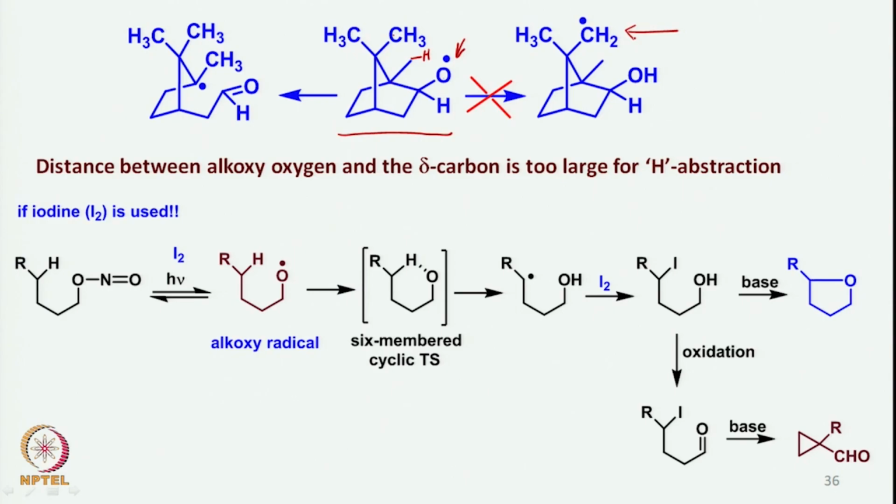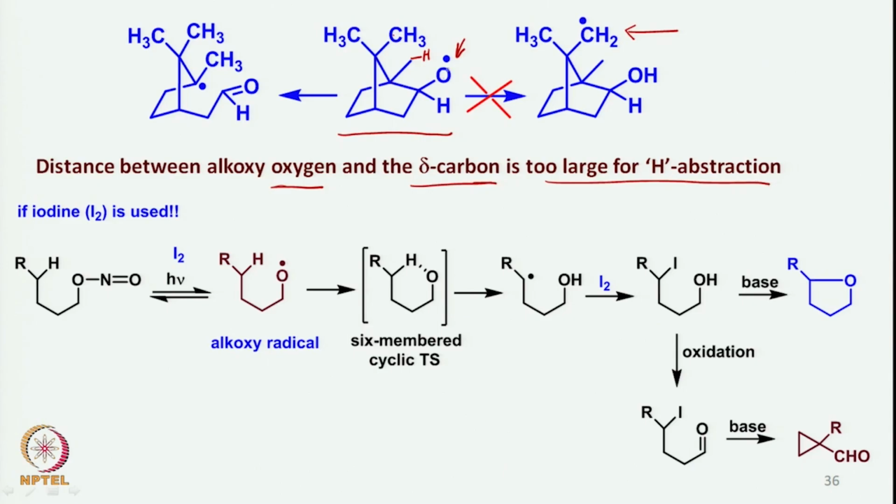position, but the distance and the approach of the oxygen to the hydrogen, if one looks at the model of this molecule, it is not easy to form this radical, because the distance between the oxygen and the delta carbon is too large for hydrogen abstraction.